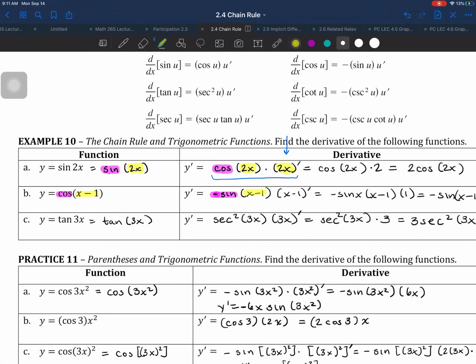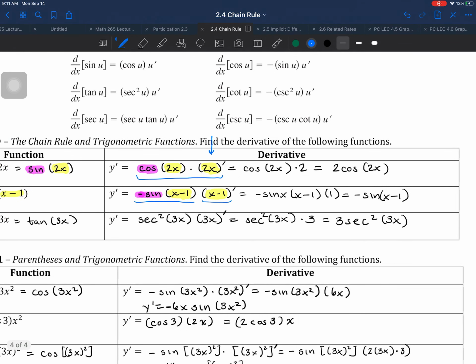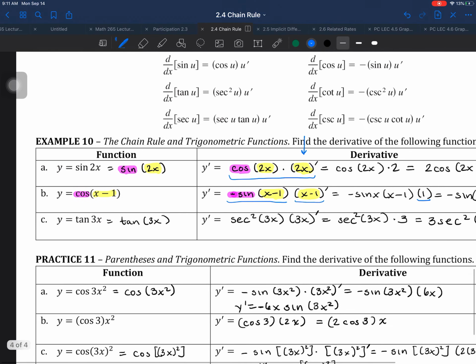Leave the inside as it is, and then multiply by the derivative of the inside. This part is already done. All we have to do is multiply by this. The derivative of that is going to be 1, so we just multiply the 1 in front of it, and that's pretty much it.